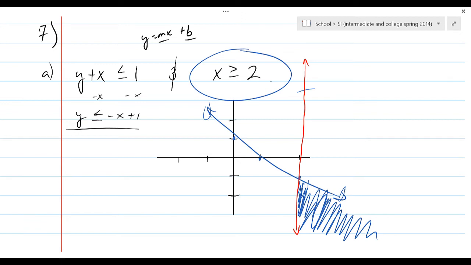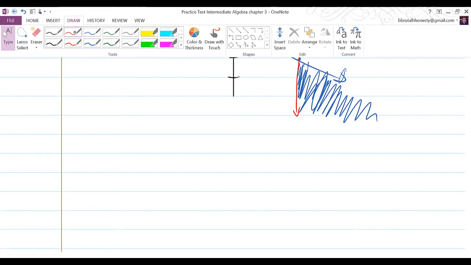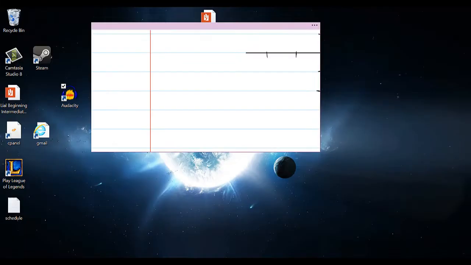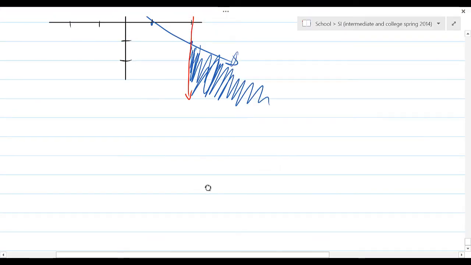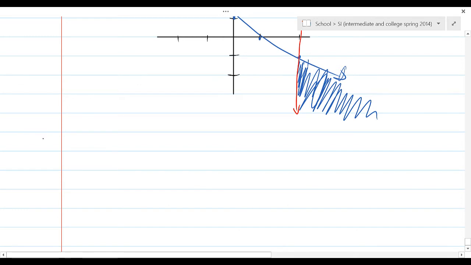Let's go ahead and go into 7b. Oh, whoops, I did it again. 7, well, let's just put b. We've got y is greater than or equal to 4 over 3 x plus 3, and y is less than negative 2.